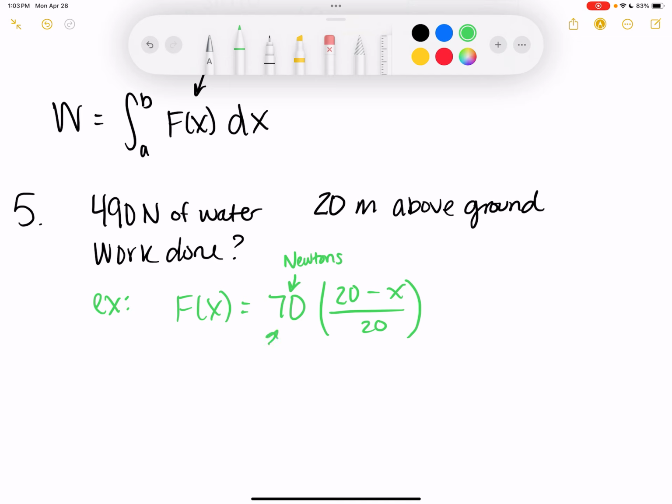So I thought you said 20 minus x over 20. Oh. When I wrote it and looked up, I was like, oh, that's not what she said. So this is the proportion left at elevation x.